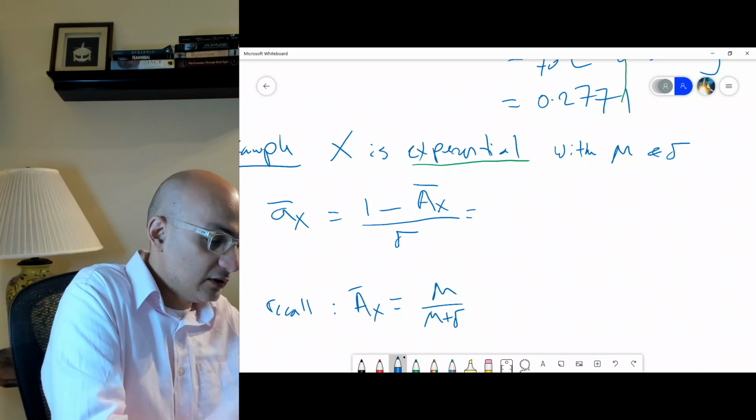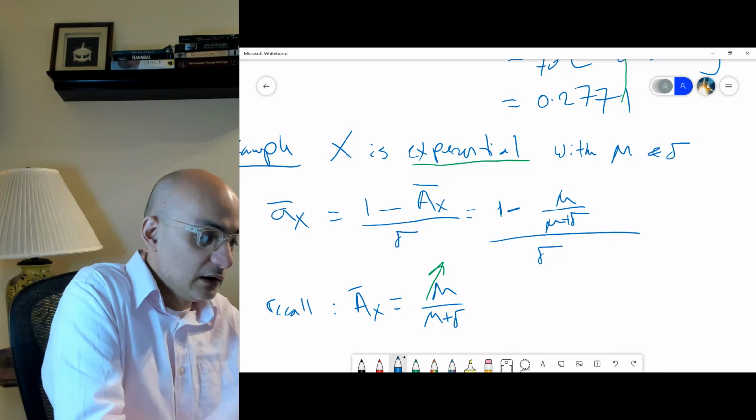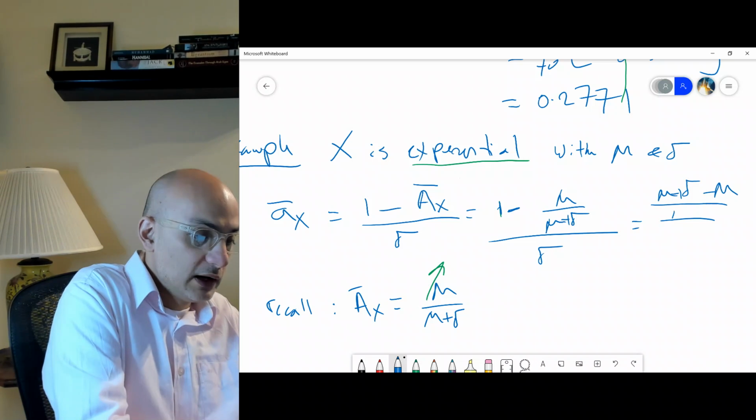So now let's take this one up here, it becomes 1 minus mu over mu plus delta, everything divided by delta. If you multiply across, it becomes mu plus delta minus mu, divided by mu plus delta, divided by another delta.